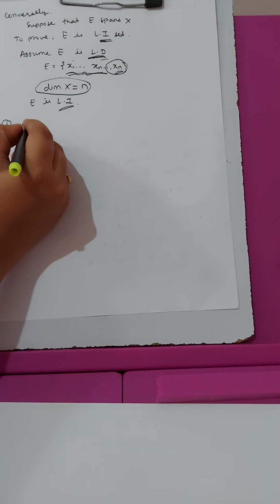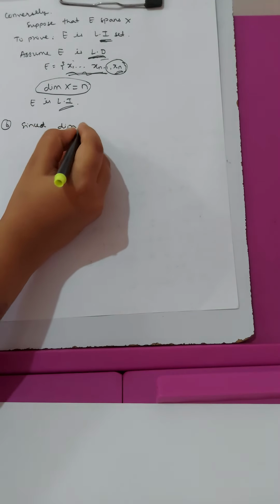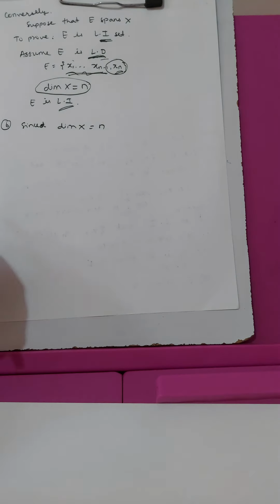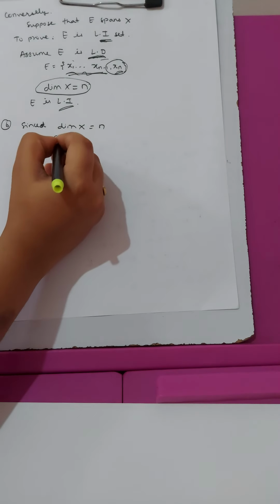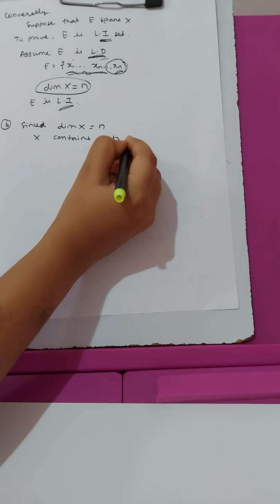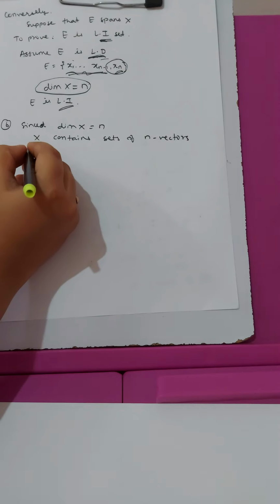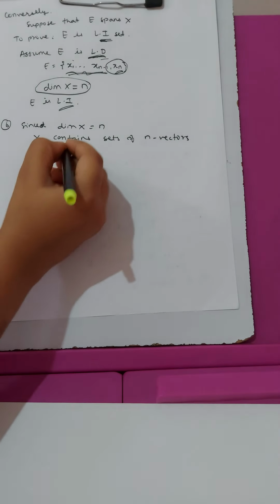The second condition is X has a basis and every basis contains n vectors. Now since dimension of X is equal to n, X contains sets of n vectors which are linearly independent.